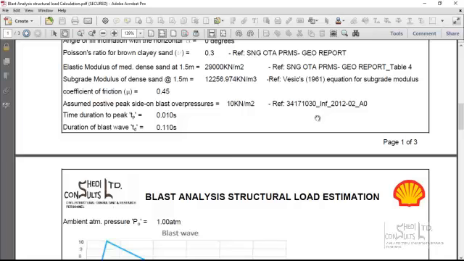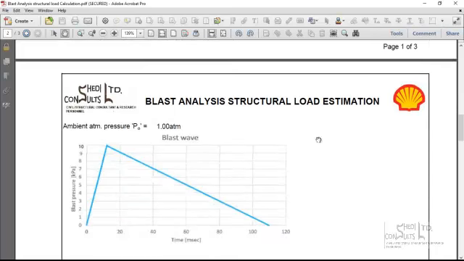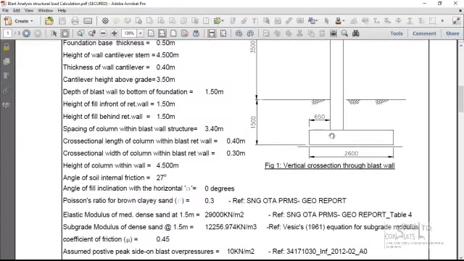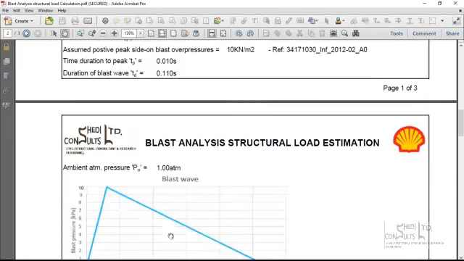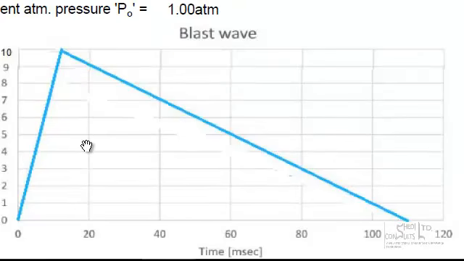Based on that, the corresponding shape of the blast wave is obtained. So in this case, for this wall and the location where it will be placed, this is the shape of the blast wave. The blast wave arrival time is taken to be 0 in the event of an explosion. The time to peak for the blast wave matters, because blast loadings are very short duration imposed loads.